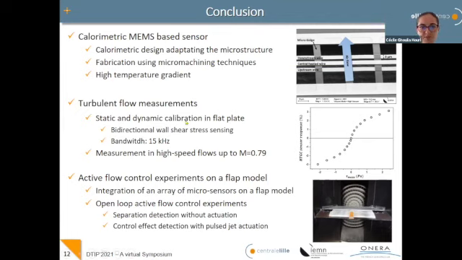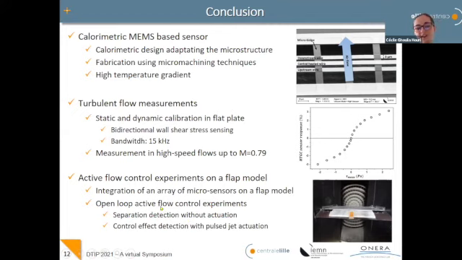I presented you also its calibration and the measurements done in turbulent flows, both for low speed and high speeds. And finally, I presented you our first active flow control experiments using these sensors as a measurement tool on this flap model. So we successfully detected separation and saw the effect of the control with pulse-jet actuation.